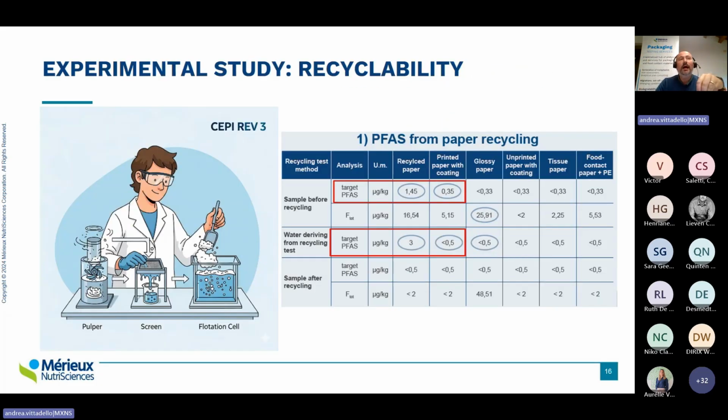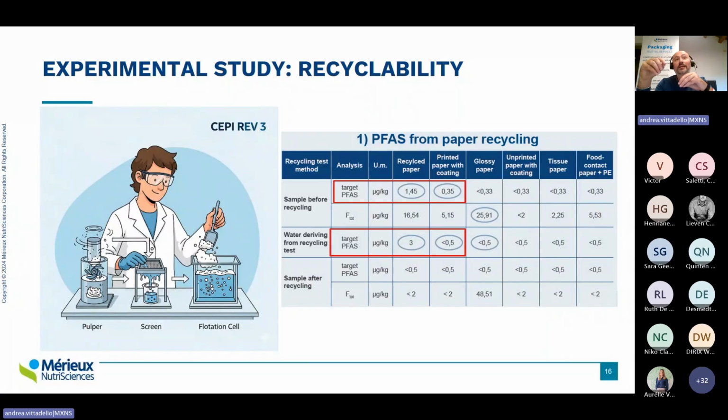You can see the SEPI test method, which is probably the most used testing method for the recyclability of paper, and we test whether, if my paper contains PFAS, PFAS will be present in my recycled paper and in the water.